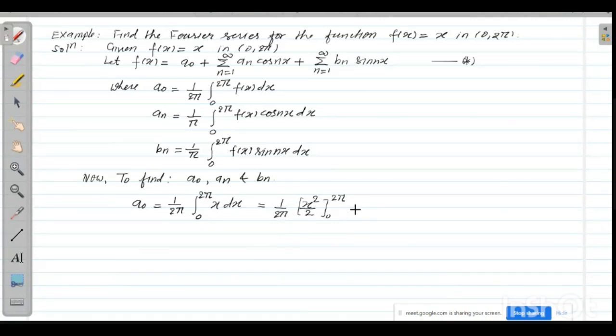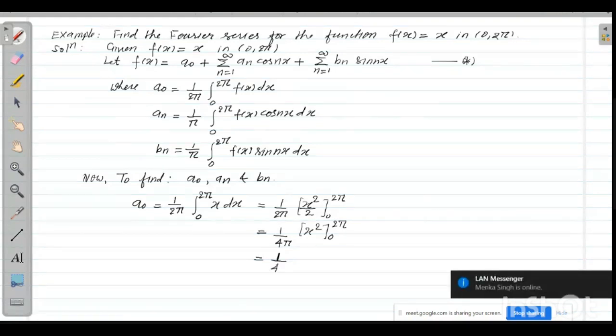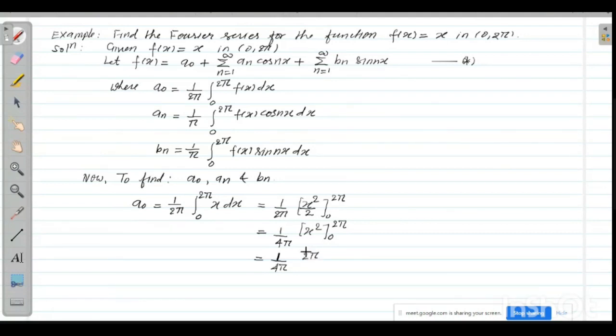Just simplify this. So we write here this equal to 1 upon 4 pi, x square, providing limit 0 to 2 pi. This can be written as 1 upon 4 pi, upper limit 2 pi, the whole square, minus 0 the whole square.